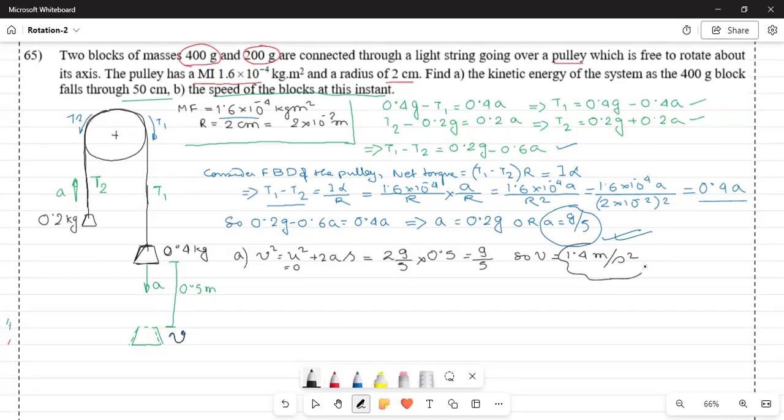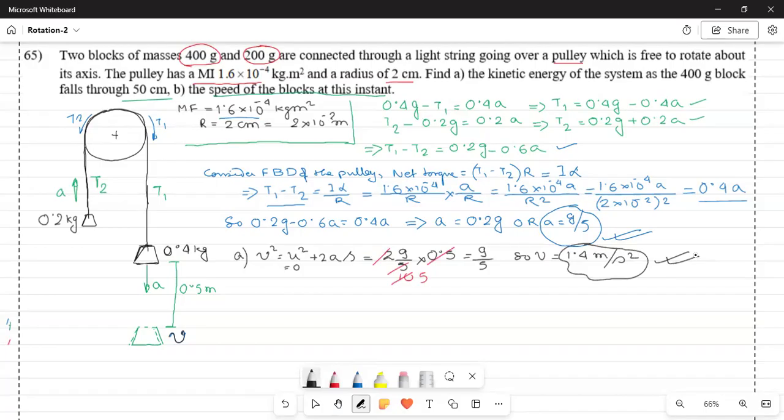If you put the values of g, it is 1.4. Here, let me do it for you. 0.5 gets cancelled with 0.5. We have 10 here. 2 gets cancelled with 10, 5 here. So it is g by 5. That is how it comes to g by 5, and this is the value of acceleration.